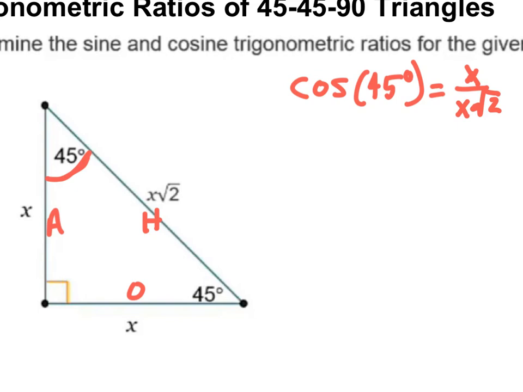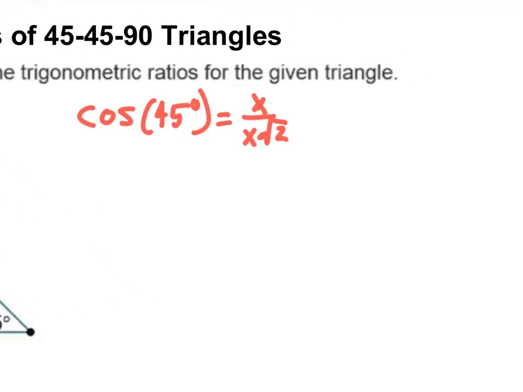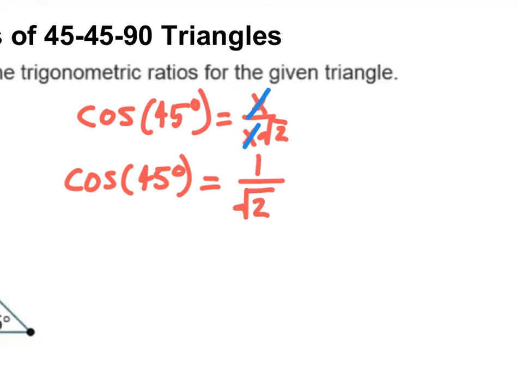Those x's divide out, and you're left with 1 over the square root of 2.